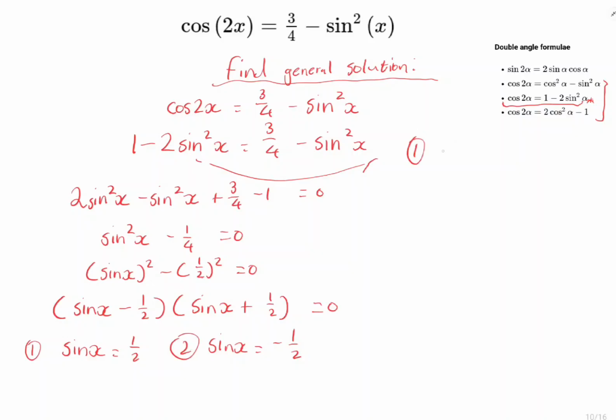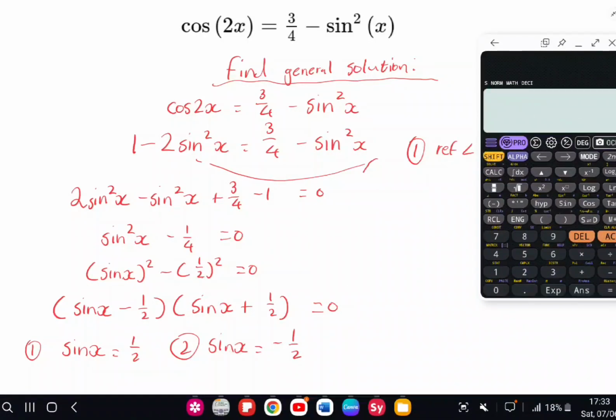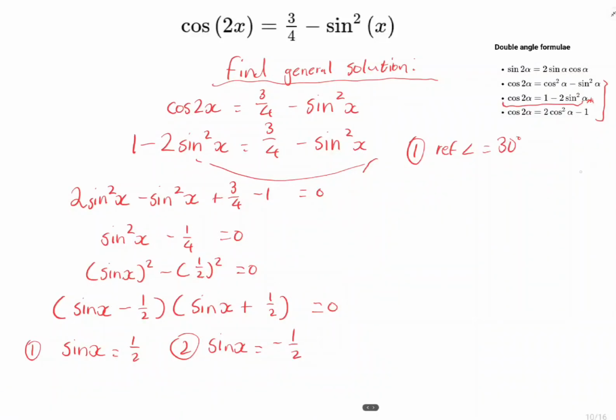So for 1, the reference angle is equal to, let's pull out our calculator and say shift sine of half, ignoring the sign of the given number. But in this case it's already positive, so we're good. So the reference angle is 30. Looking at our quadrant, since it's positive for a half, the All quadrant and the Sine quadrant are the only ones where sine is going to be positive.